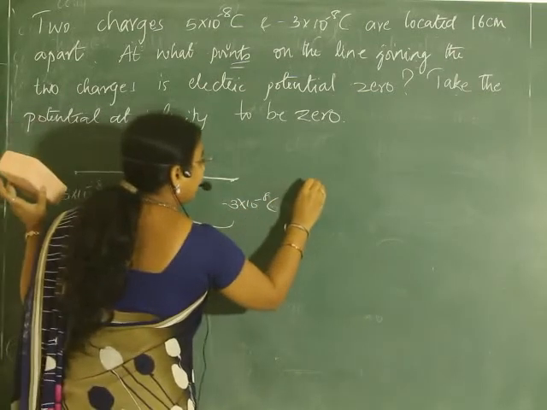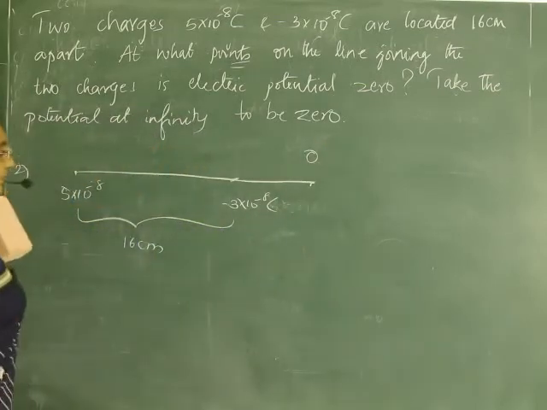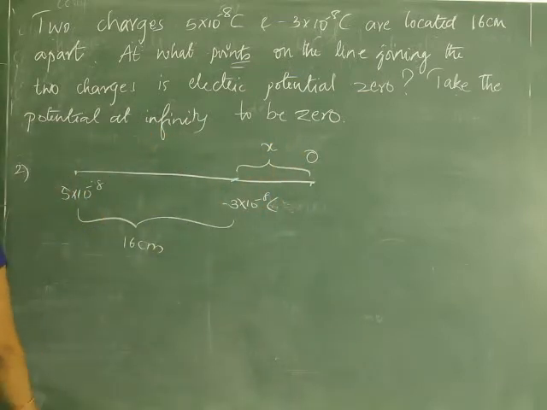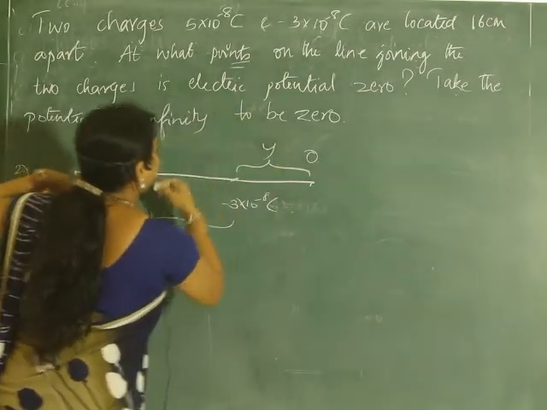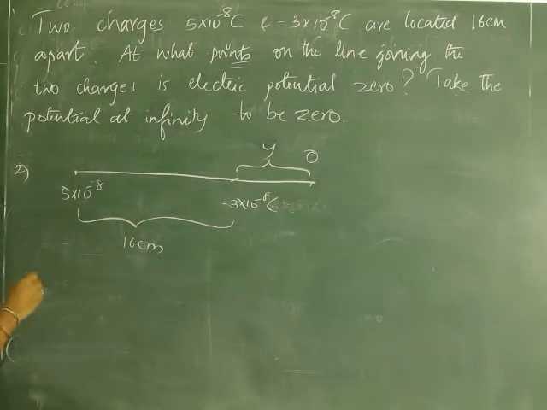Let us say from here O, it is 0. Let this distance be x. Now if you want, you can change it as y. No problem. Then total distance is 16 plus y. Correct? Yes. Now help me.